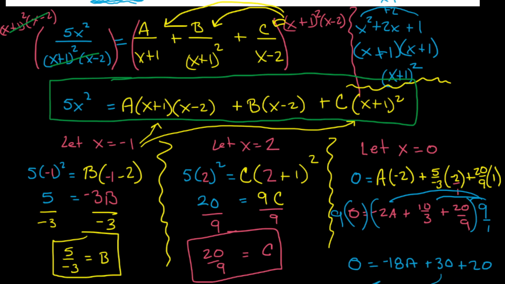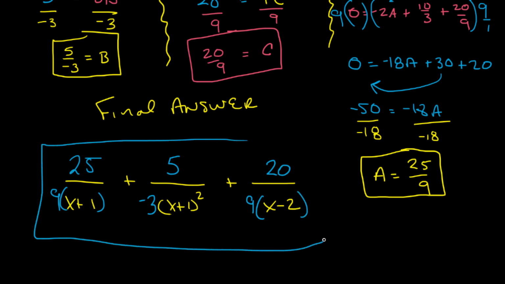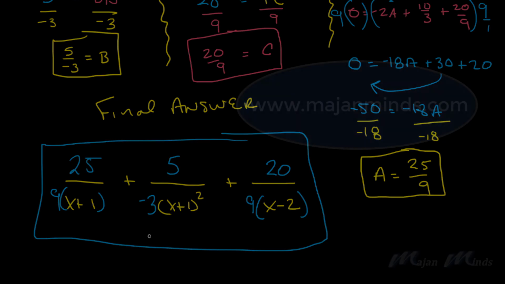Okay, so what are our somethings? Well, this is the a piece right here, so we're going to have 25 over 9. The b piece, we're going to have 5 over negative 3. And the c piece, we're going to have 20 over 9. So this will be our final answer.